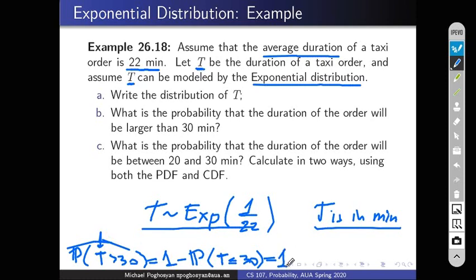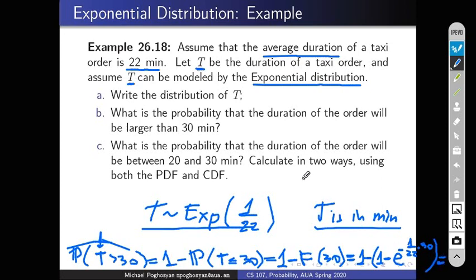This is survival, but every time I'm writing this with the CDF, so the CDF value at 30. And what is that CDF value? 1 minus e to the minus lambda, and lambda is 1 over 22, times t, so 30 in our case. So we will have these ones cancelled, and I can continue.